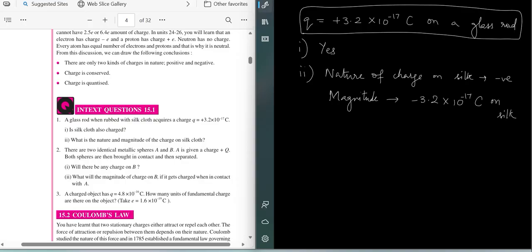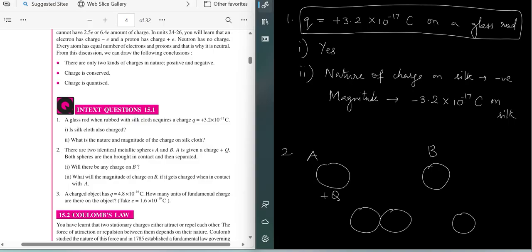Now coming to the second question. There are two identical metal spheres A and B. So let us say this is metal sphere A and this is metal sphere B. And what is mentioned? A is given a charge plus Q. Both spheres are then brought in contact, touched momentarily and then separated.